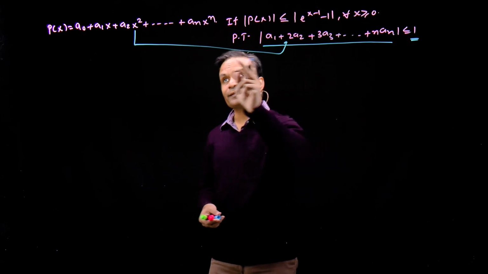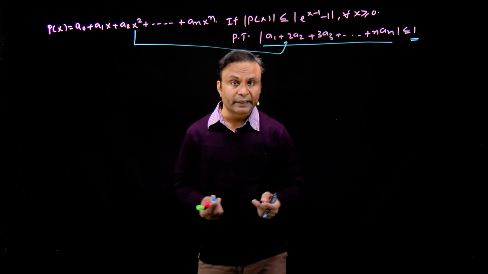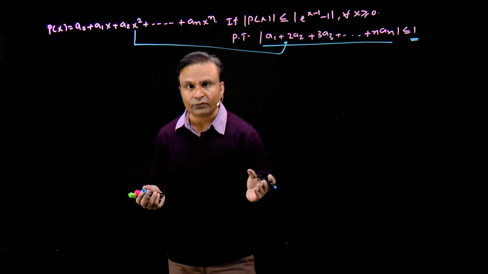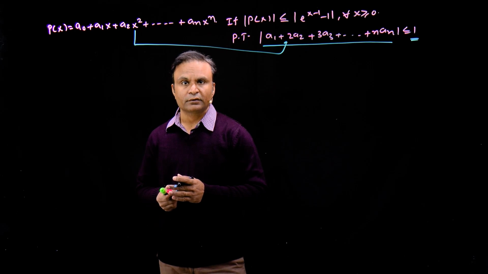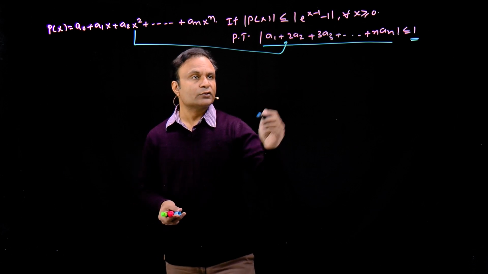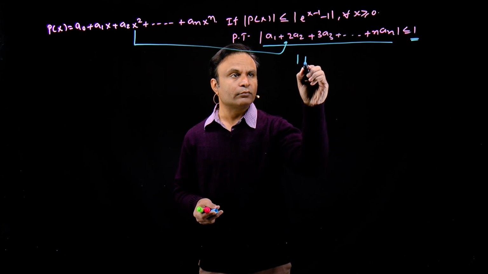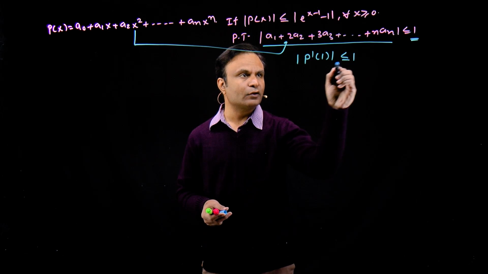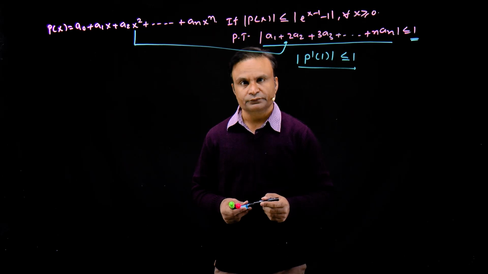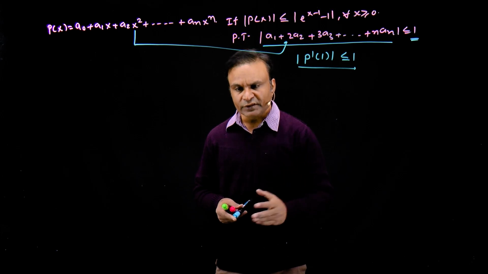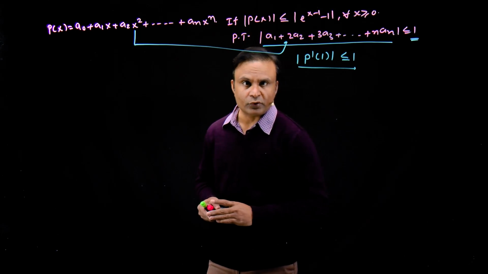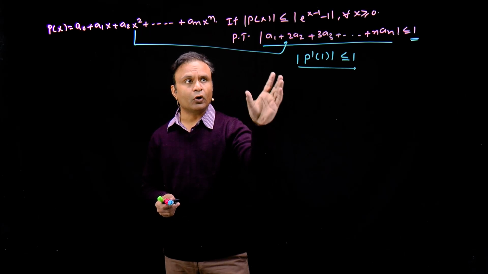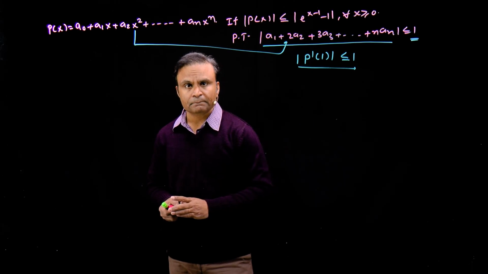Clearly, this is derivative of p(x) at x is equal to 1. So that means we have to prove that modulus of p dash 1 is less than or equal to 1. For any question, we must have some observation points. We must be able to observe the data.